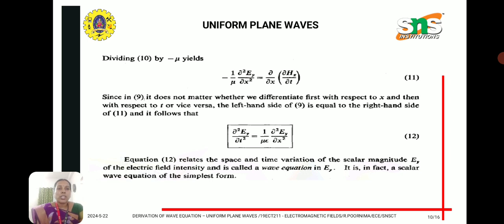So ∂²Ey/∂t² = (1/με) ∂²Ey/∂x². This relates the space and time variation of the scalar magnitude of the electric field intensity and is called the wave equation of Ey. It is also known as the scalar wave equation.